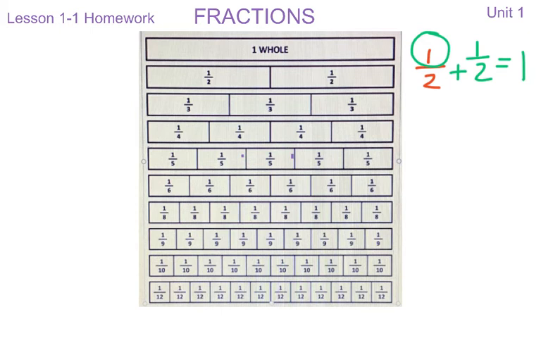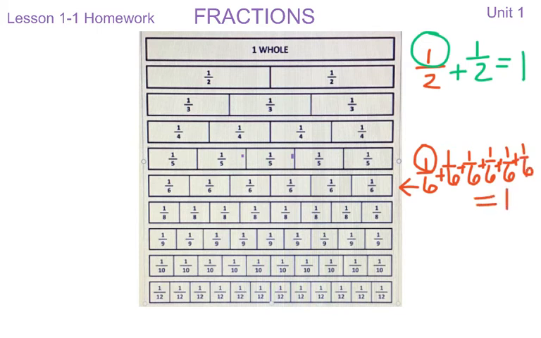We could go down here to sixths, and we could say 1/6, and we'd have to do it 6 times, because this is our unit fraction, because there's a 1 in the numerator. 1/6 plus 1/6 plus 1/6 plus 1/6 plus 1/6 plus 1/6 equals 6/6, or one whole.